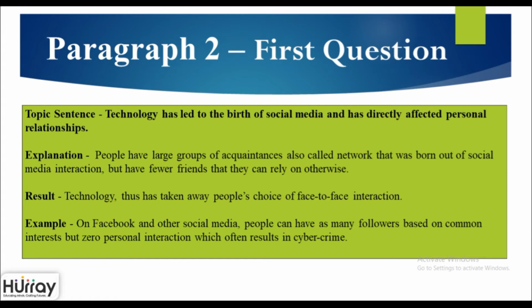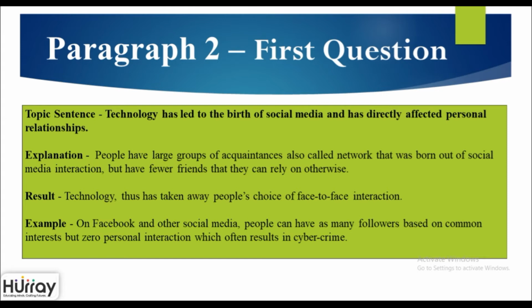Now, of course, you have to give examples of this. So one good example is to pick up something that is very, very prevalent and very, very much in usage, and that is, for example, here it says, on Facebook and other social media, people can have as many followers based on common interests but zero personal interaction, and this often results in cyber crime.